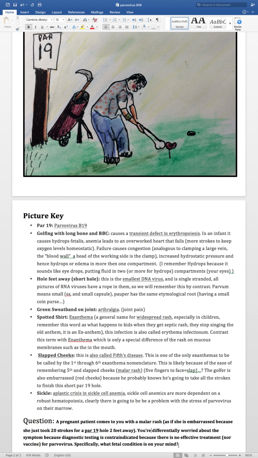Obviously, it's what we talked about. It is hydrops fetalis. And how do we make that association? The anemia, of course, is a good indicator. We have to understand hydrops fetalis, which is not included in this visual, but I think it is logical enough.